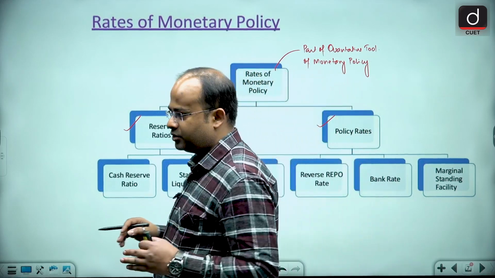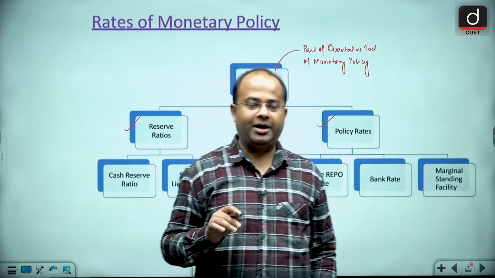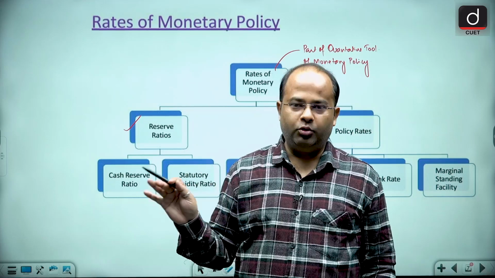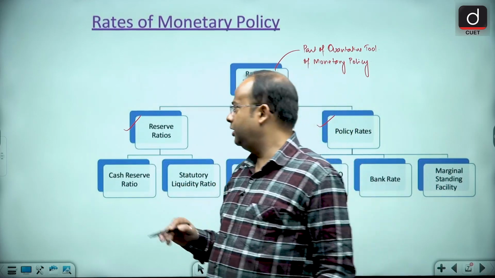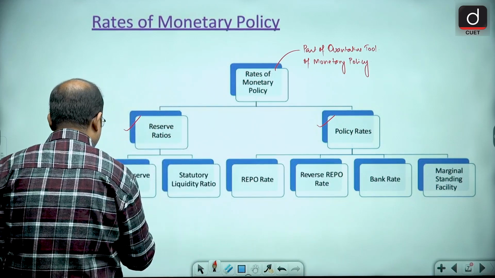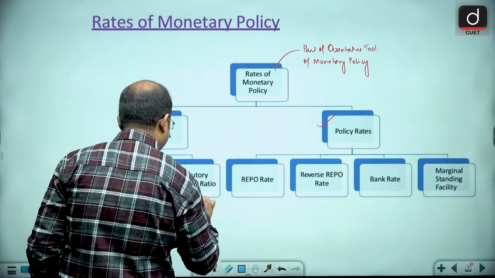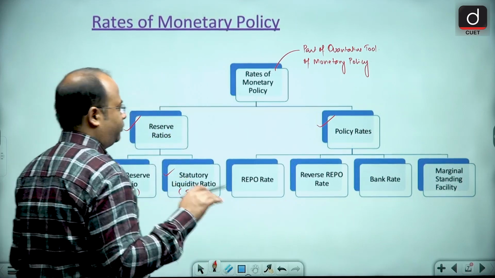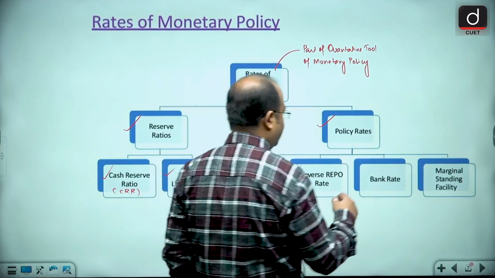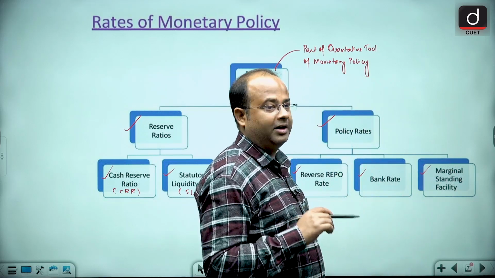Reserve ratios, guys, are compulsory to be maintained by scheduled commercial banks. These are compulsory ratios, therefore they are called reserve ratios, out of which one is cash reserve ratio, called CRR, and another is SLR. And the policy rates are repo rate, reverse repo rate, bank rate, and marginal standing facility. These are four conventional rates.